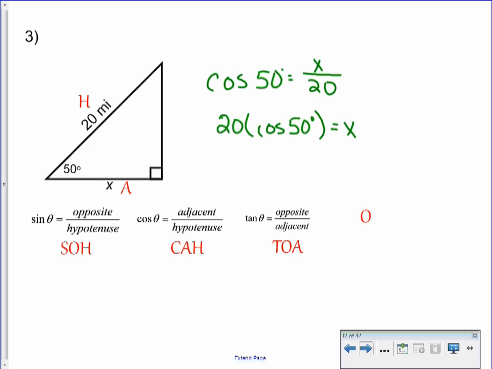I've modified the homework. We're going to do workbook, page 211. Just 1 through 7.